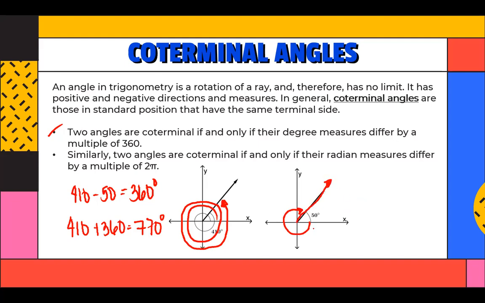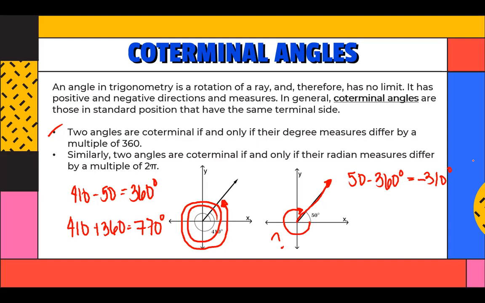So in order for us to identify what angle this is, we'll just solve 50 minus 360 degrees, and that's equal to negative 310 degrees.